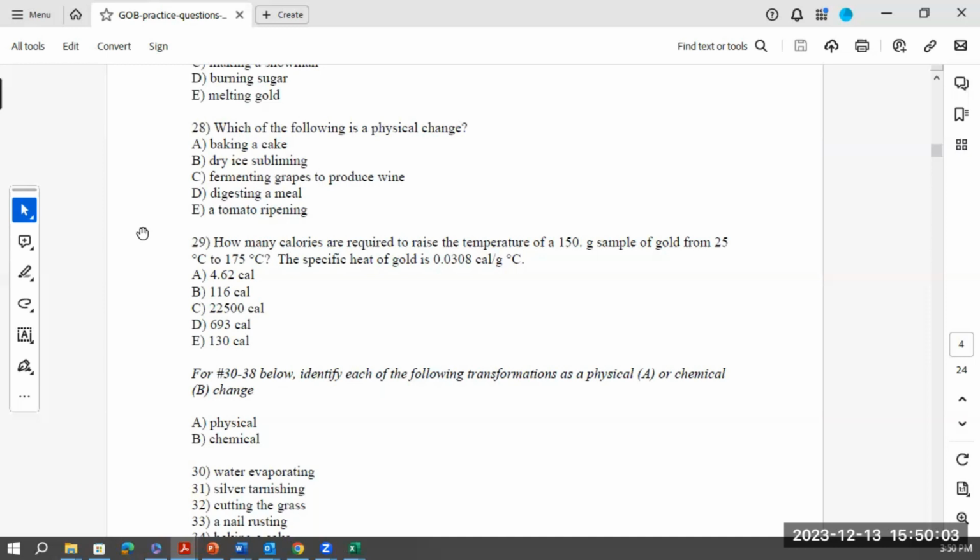Do you guys agree? Why isn't it E as in Edward? Because when a tomato ripens, right, it gets sweeter, right? So that means it's making more sugar, so that's a chemical reaction, clearly, right? Okay, so the correct answer is B as in boy. Good job.